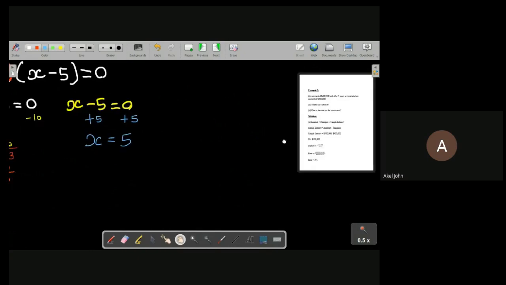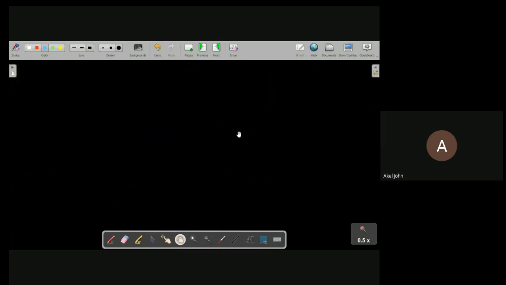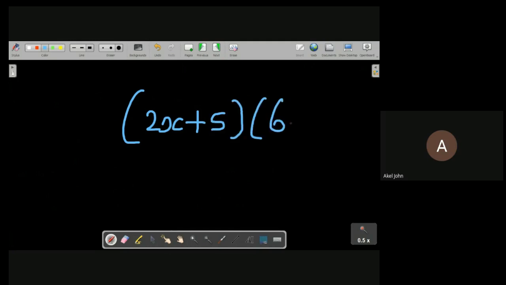Let's look at our next example. Hopefully, you're starting to catch the hang of it. We have (2x + 5)(6x - 3) is equal to 0.